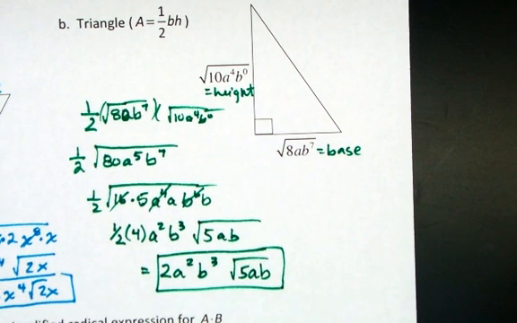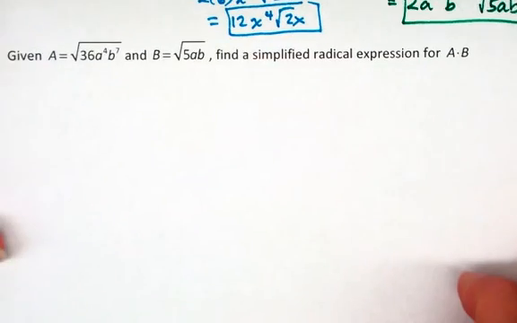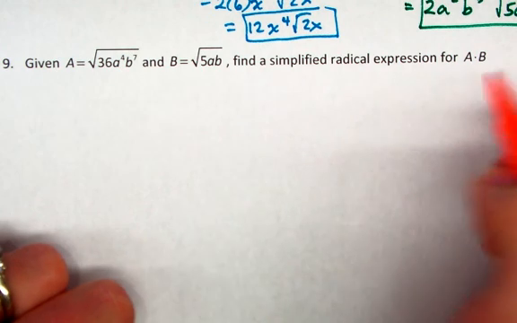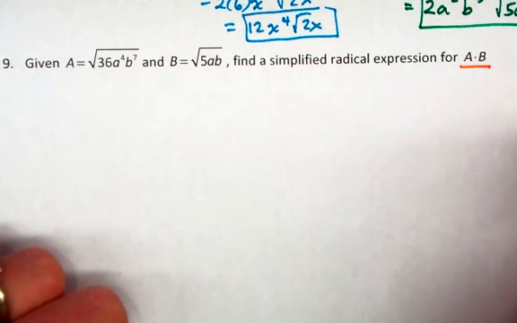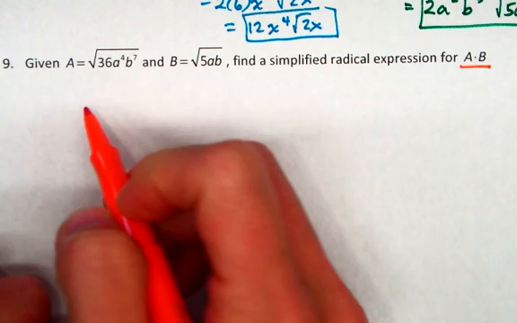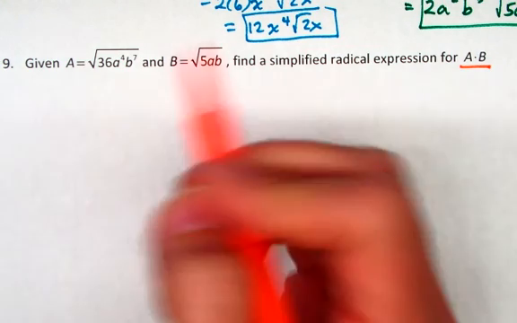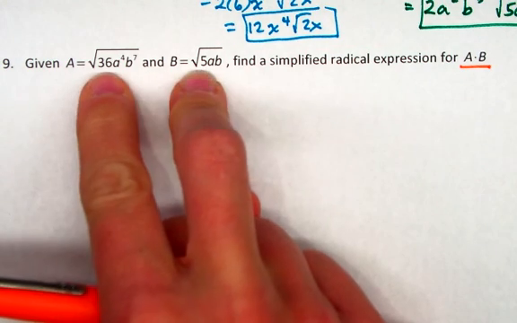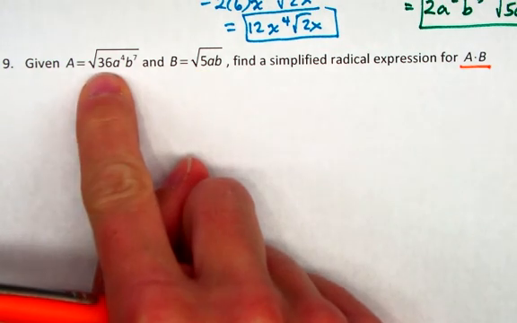And last problem, number 9. We want to write an expression for a times b, so we're just multiplying these two. So for this one, we have 36 times 5, but 36 is a perfect square.